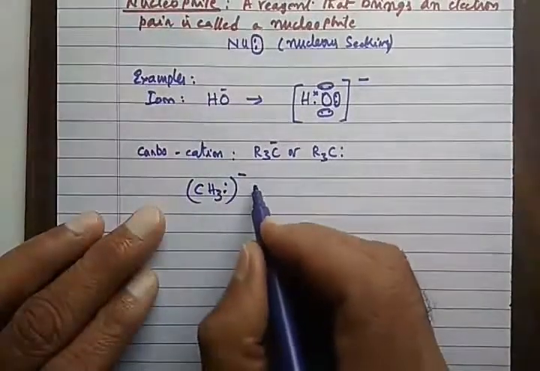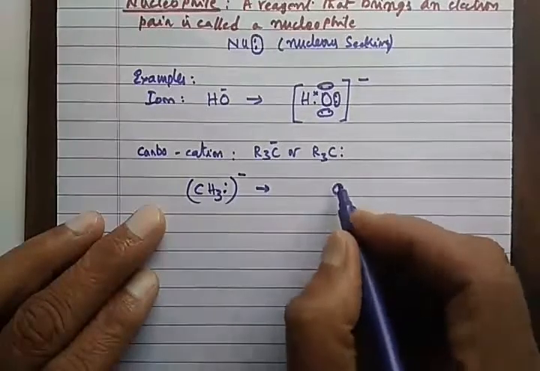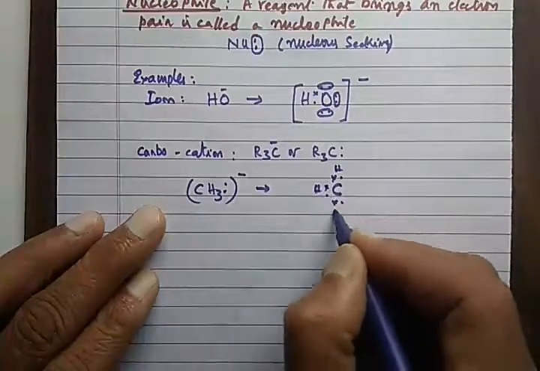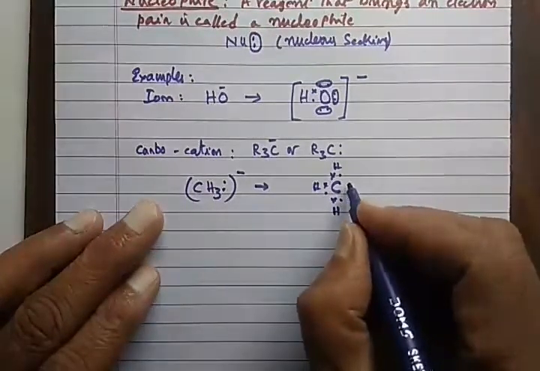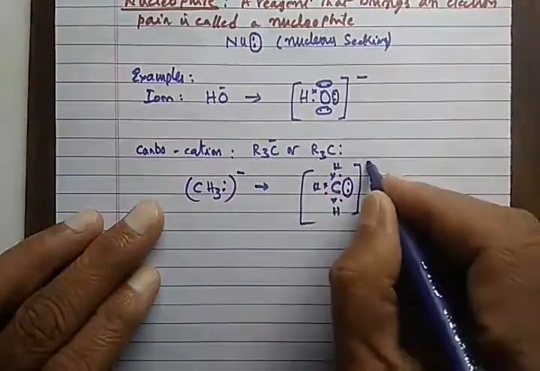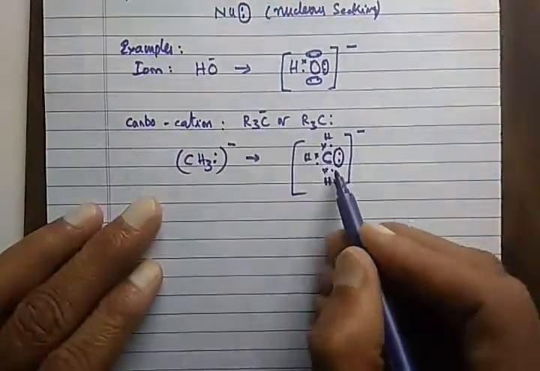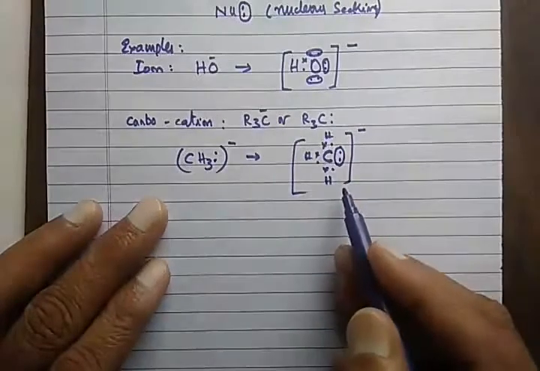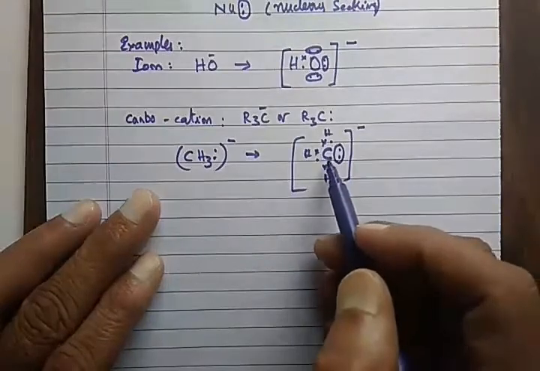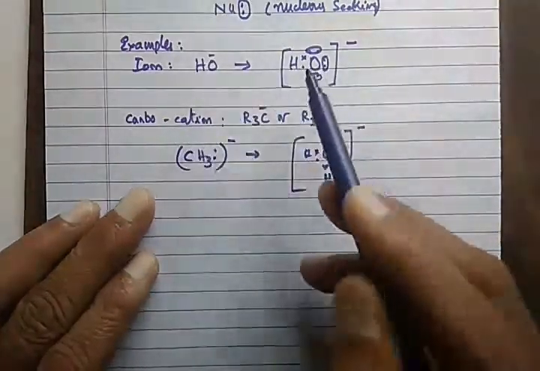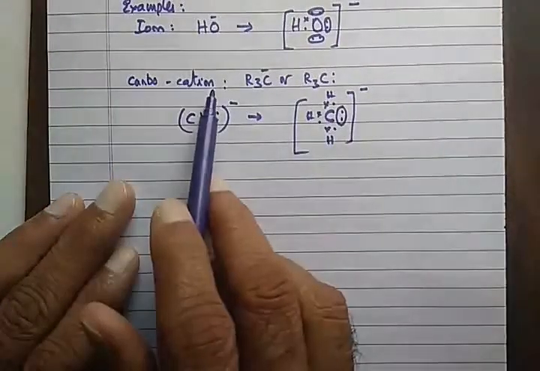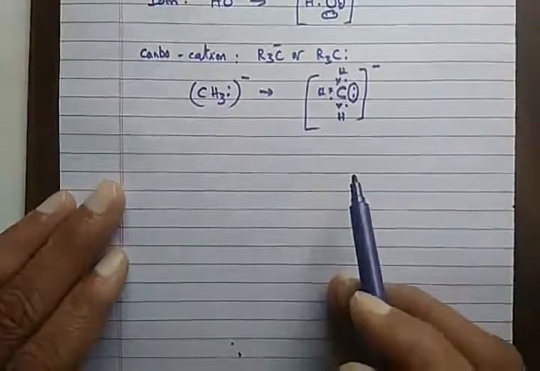This represents carbon having 3 hydrogen atoms bonded to it, then 1 lone electron pair. Carbon has, instead of 4, 5 electrons. Hydrogens are okay. So it has a negative charge on carbon. This kind of ions are examples of nucleophile.